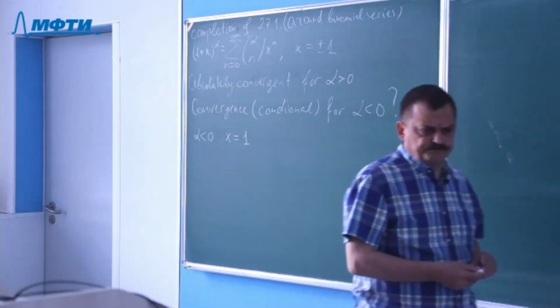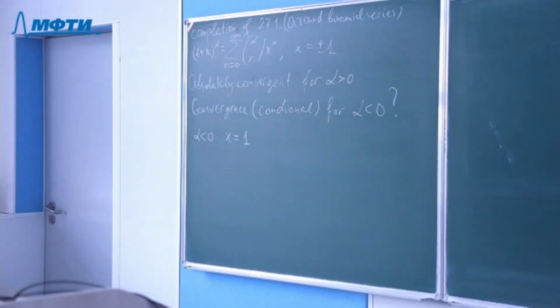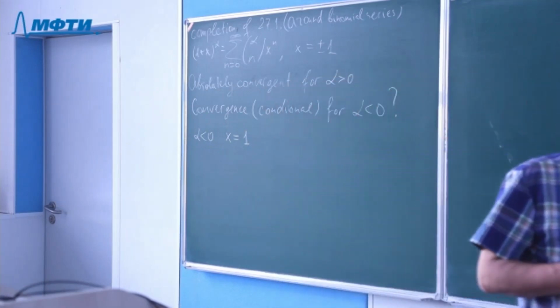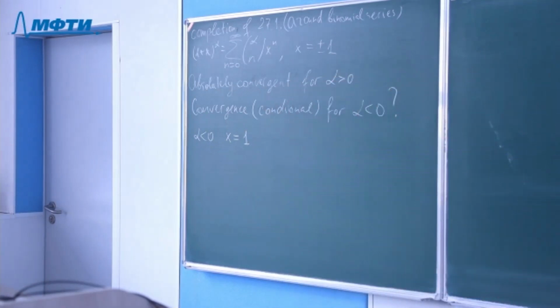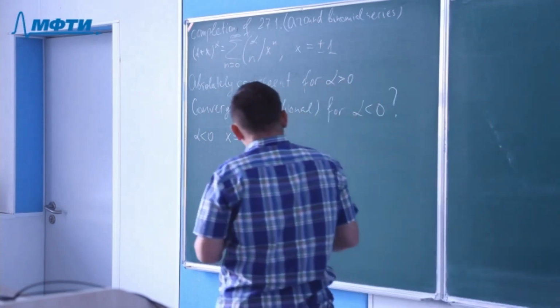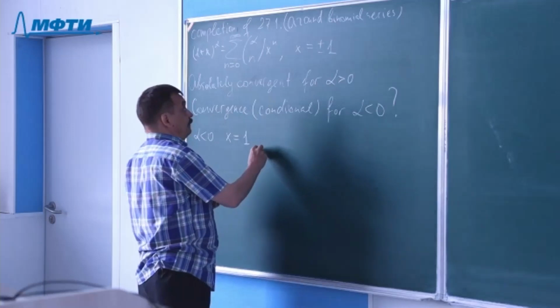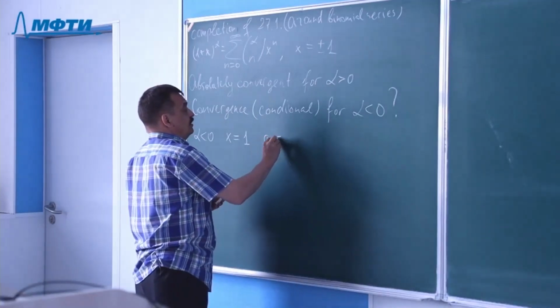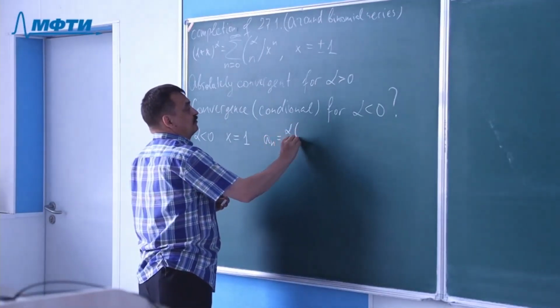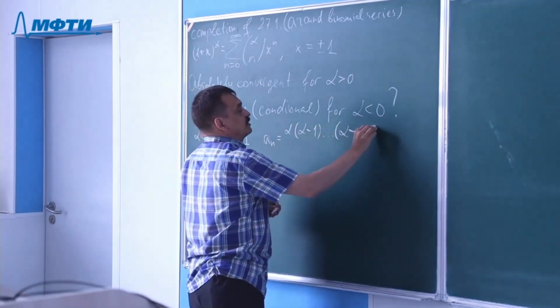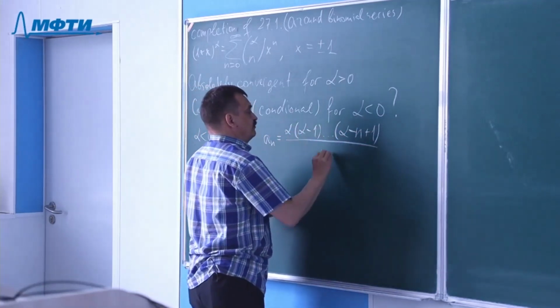No, I didn't take it with me, unfortunately. So maybe it will be a different letter, but I hope it's the same. An equals alpha times alpha minus 1, and so on, alpha minus n plus 1, over n factorial.